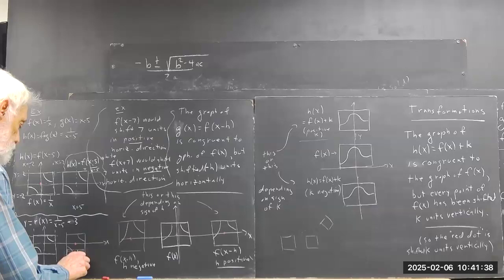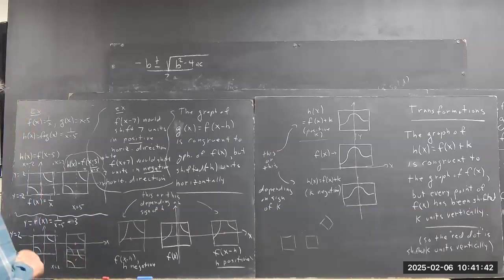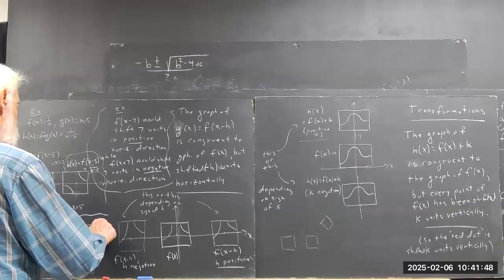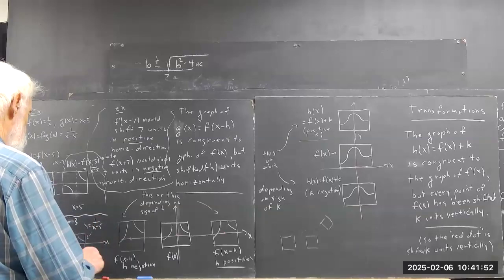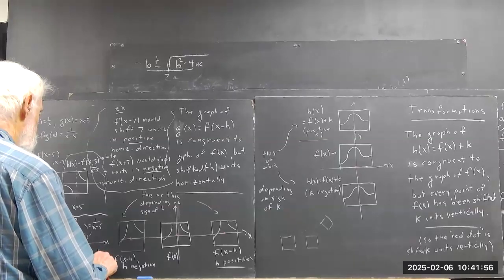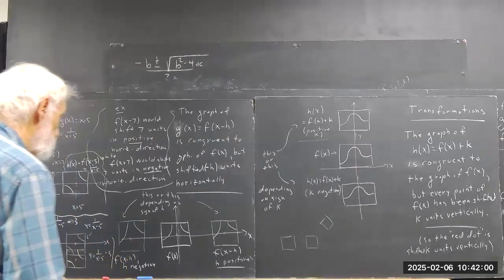And this is going to be the final graph. So this rectangle shows you y equals 1 over x minus 5, and this graph shows you y equals 1 over x minus 5, minus 3.